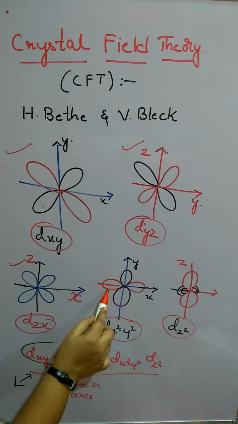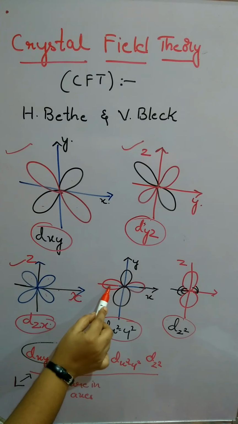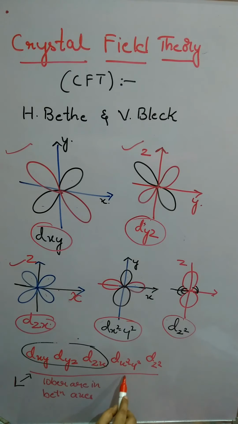Dx square minus y square is along the axis. The lobes are present along the axis. So these orbitals have lobes along the axis.